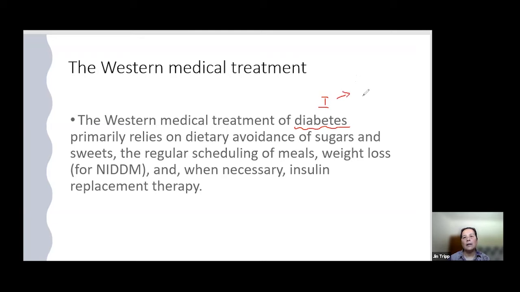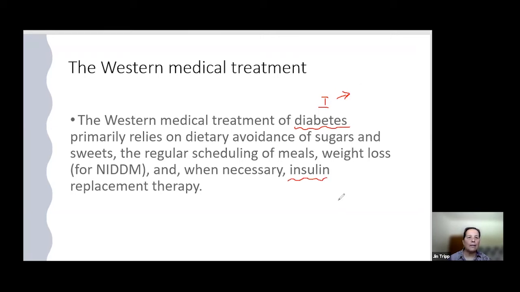Their insulin secretion is severely abnormal, or even the beta cells couldn't release insulin. So this kind of diabetes truly needs insulin treatment.